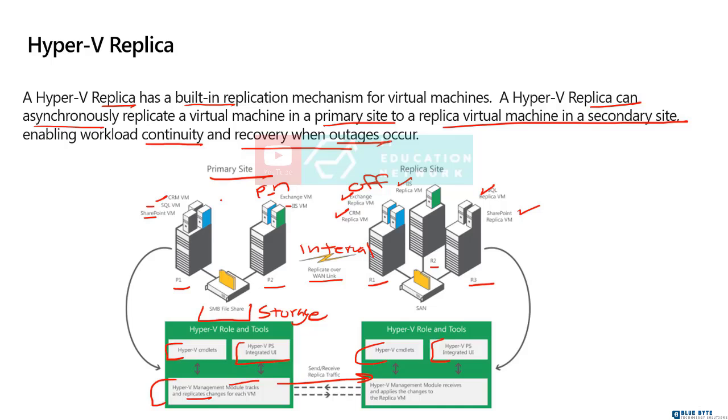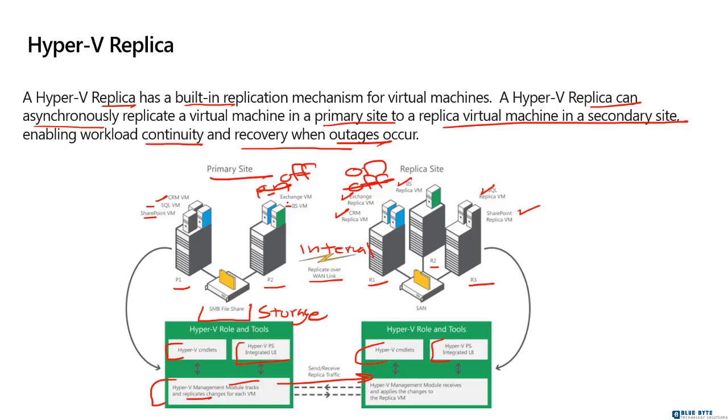But what can happen, I can have some type of failure here, and what I can do is select the failover, and this will power off if it's not already off, and this one automatically powers on. When it powers on, I can define the IP address that I want to give it, and what it will do is actually update its name and IP address in DNS. Now it's going to have the same name.